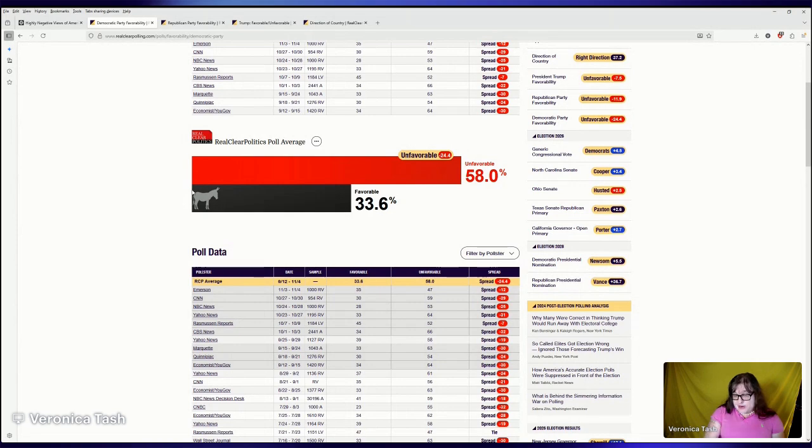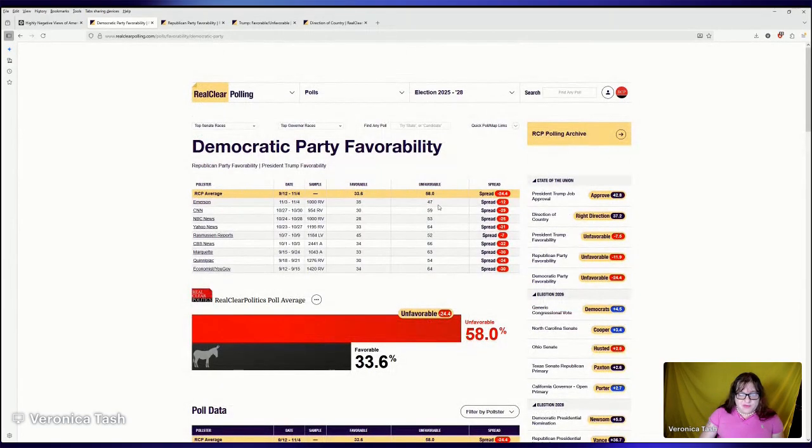I think it may come up with more favorable answers than it really should be, but Democrats are at 33.6%, with 58% saying that they distinctly dislike the Democrats. Of course, they don't show the people who had no clear answer one way or another how they felt, but that's all that's important there.